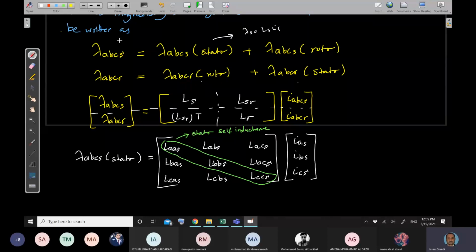And the off-diagonal elements, those are the stator mutual inductance.